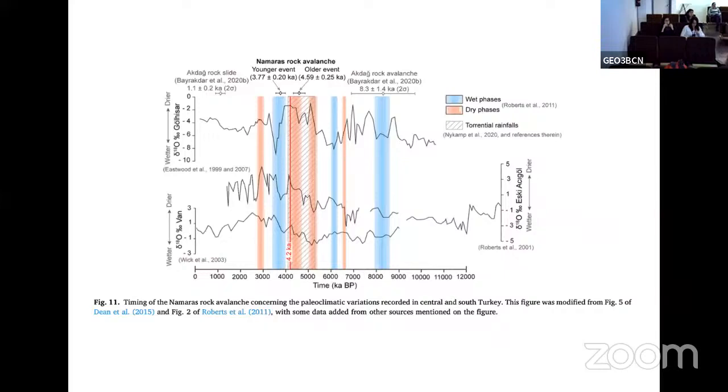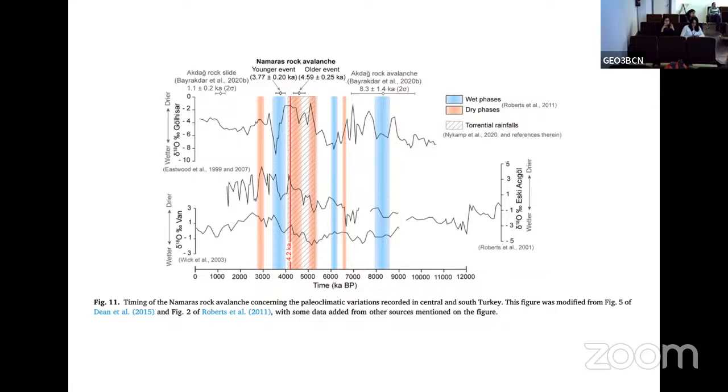So, and if you put this in the context of climate of that time, with some other proxy data from the Taurus Mountains, these are our ages, and these are some other proxies coming from rock avalanches or rock slides as well.